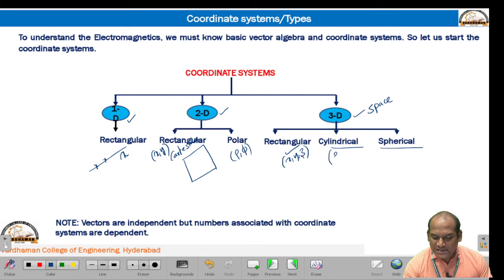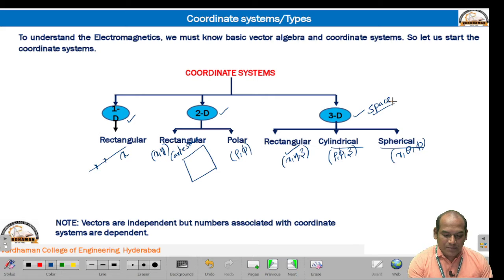Similarly, in the cylindrical coordinate system, you have to provide rho, phi, z, and in the spherical coordinate system, you have to provide r, theta, phi. So, three coordinates are enough to represent a point in space, two coordinates are enough to represent a point on a surface, and one coordinate is required to represent a point on a line.